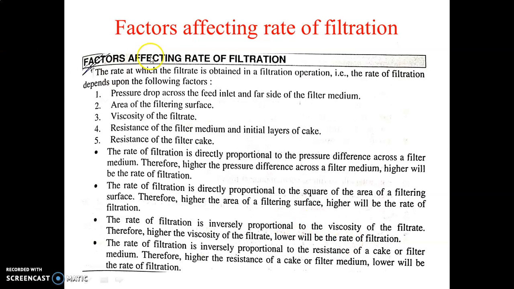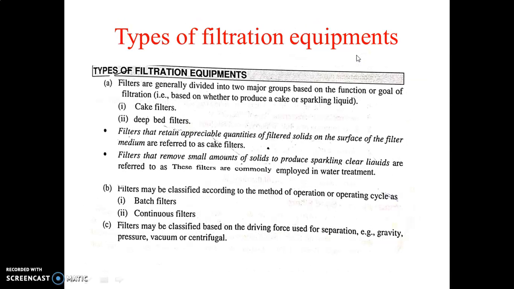In the last lecture we discussed the factors affecting the rate of filtration. Now we will discuss the types of filtration equipment. They are first classified into two major groups, that is cake filter and deep bed filter, which we discussed in previous lectures.